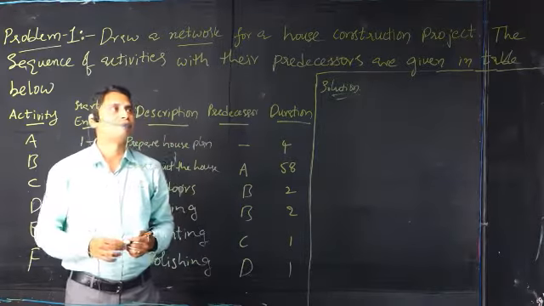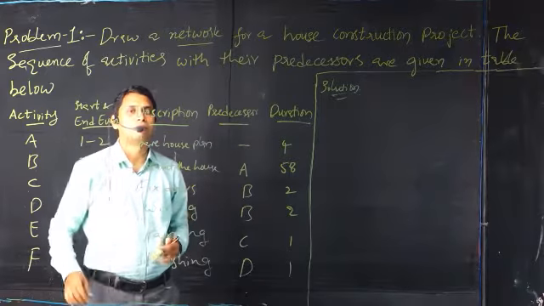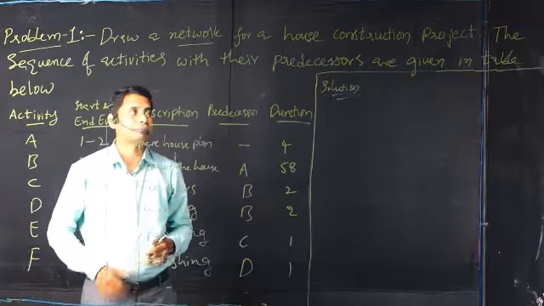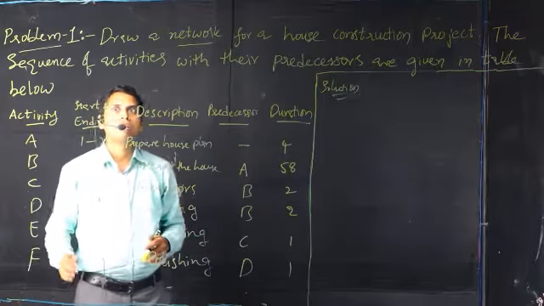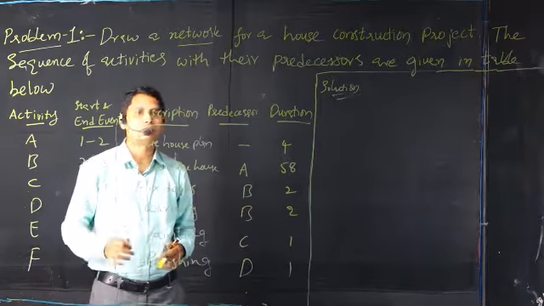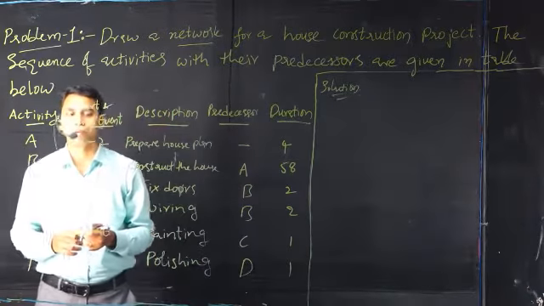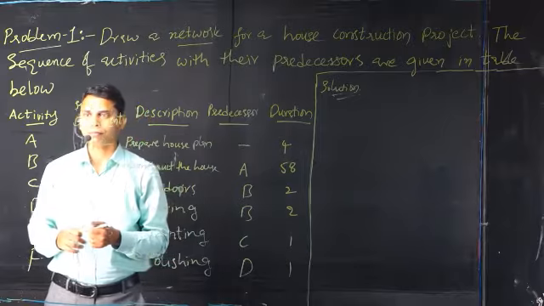In this problem, we have to draw a network for this house construction project, and the sequence of activities with their predecessors is given below.